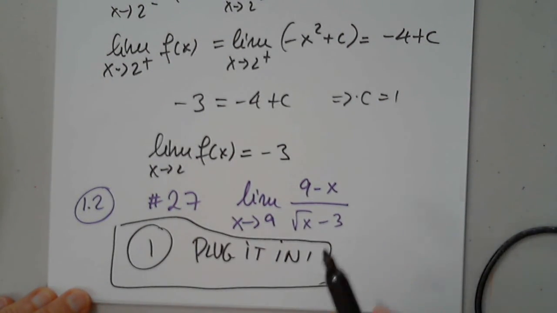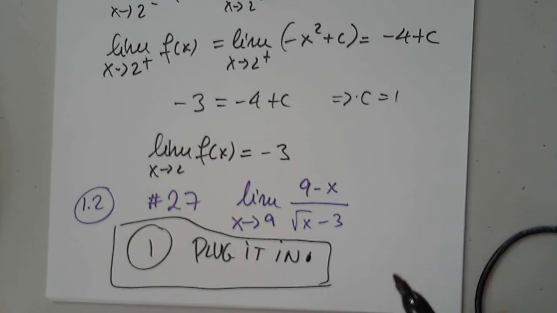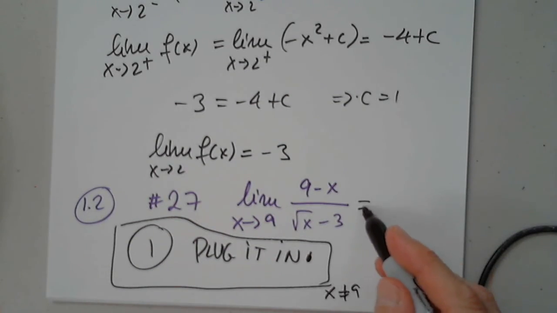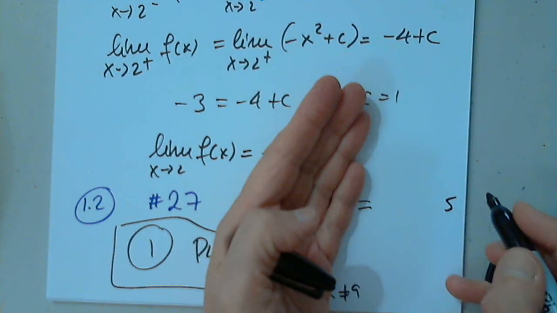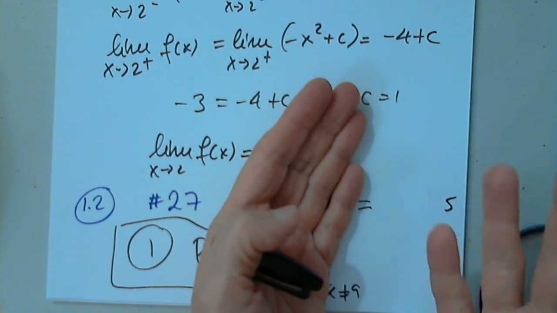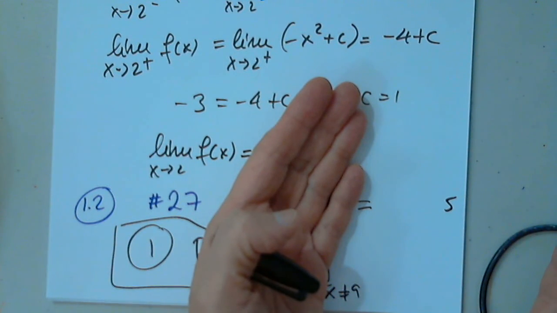I don't know what this is. And I emphasize again, x does not equal 9. Why are you making me plug in 9? I have to, because I don't know what this is. Maybe the answer is 5. And if the answer is 5, I'm done. I'm moving on to the next problem.